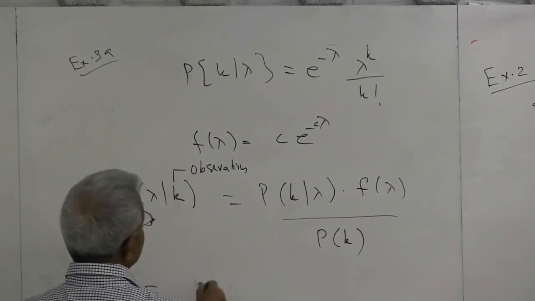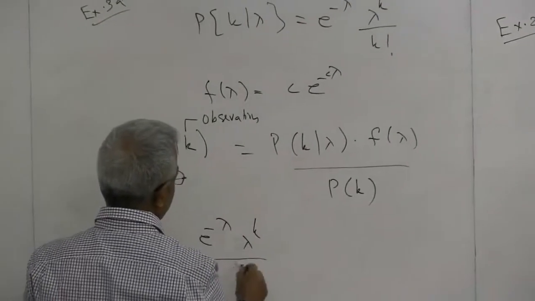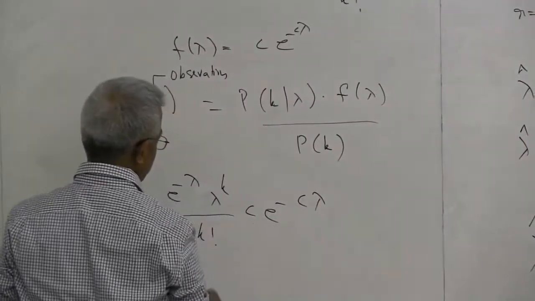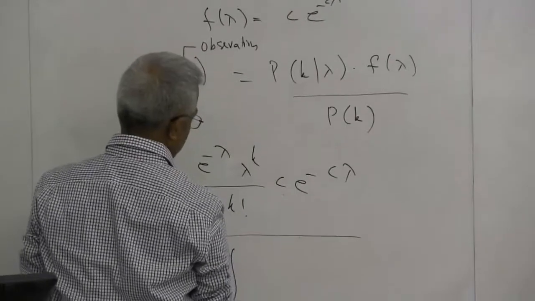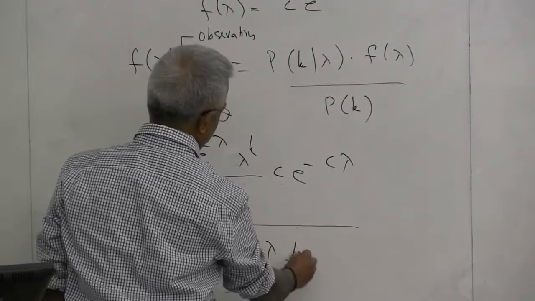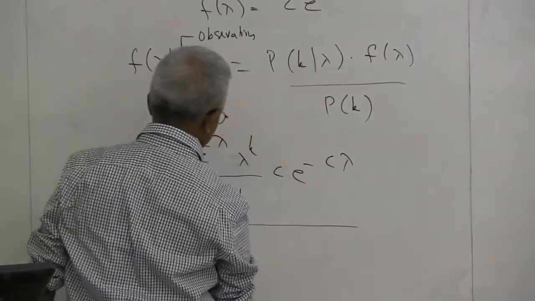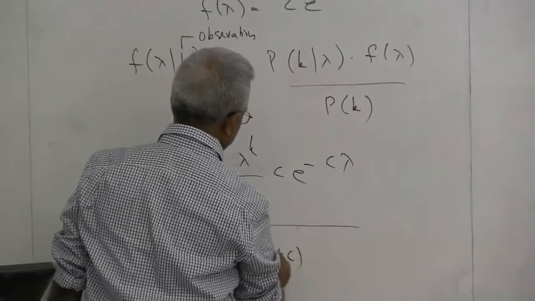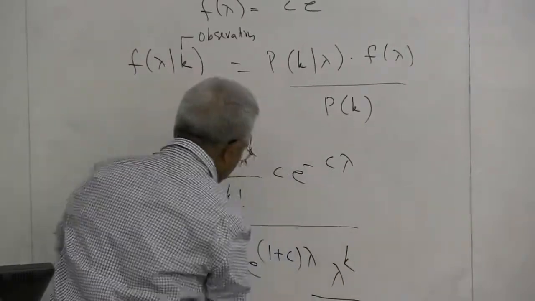The numerator is given: e raised to minus lambda, lambda to the k over k factorial, times c e raised to minus c lambda. Now you need to integrate all this. All the e terms are e raised to minus 1 plus c multiplied by lambda, lambda to the power k over k factorial.